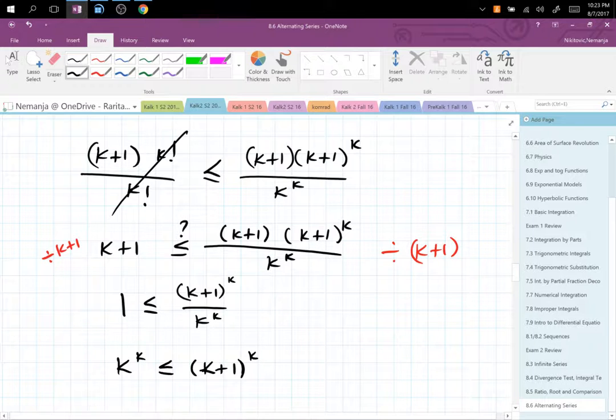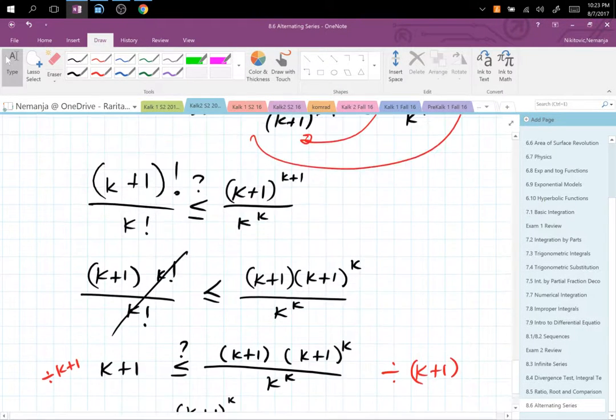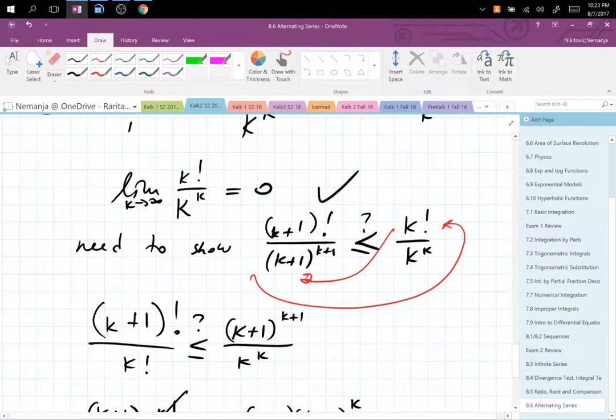So you just shovel this algebra left and right until you get the true statement. The more you do this, the more practice you get, it's going to get easier. Your test is next week, so you have the entire weekend. So we proved the decreasing part.